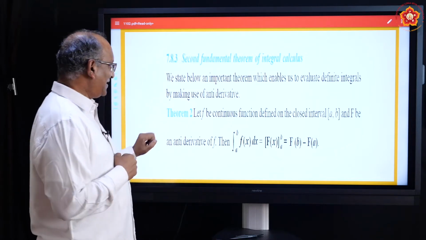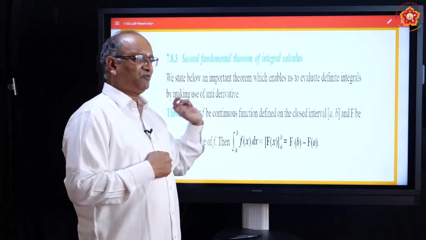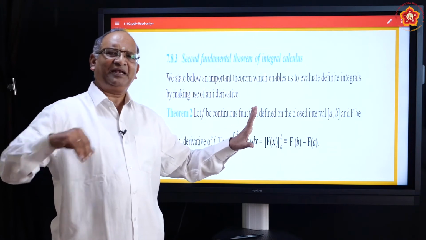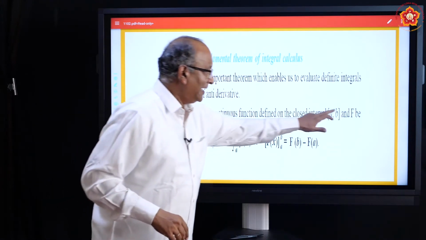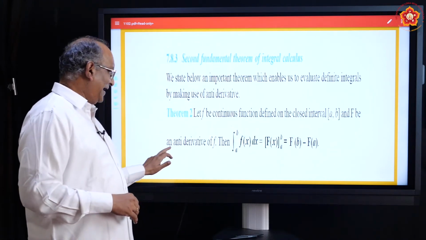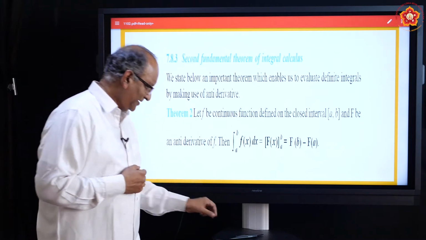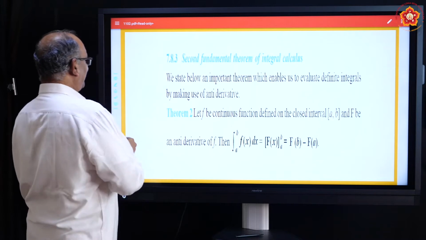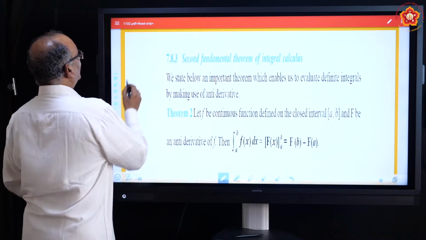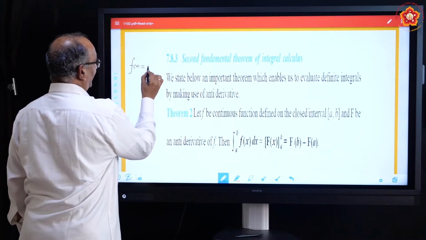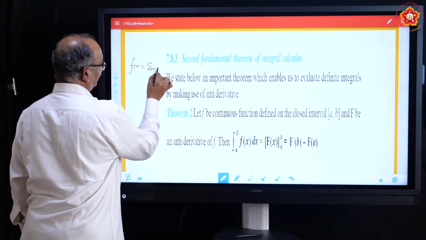Okay? So now what we are saying, let f be a continuous function defined in the closed interval [a, b]. That statement remains same in every theorem. Let F be an antiderivative of f of x. What does it mean? See, for example, let us say f of x equal to sin x.